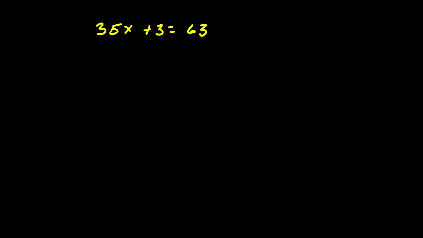And once again, it makes our life a lot easier if we zero out this constant term. You don't have to. You can divide by 35, but as soon as you do, you're back into fractions all the way across. So I'm going to zero out that 3. We'll have 35x, add 3. To zero him out, we add the opposite.